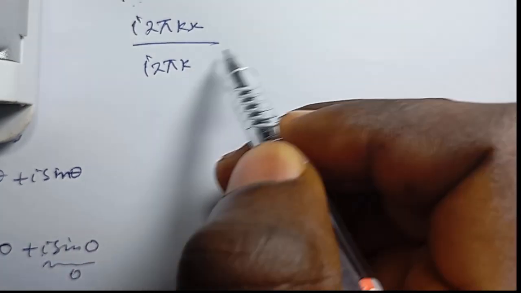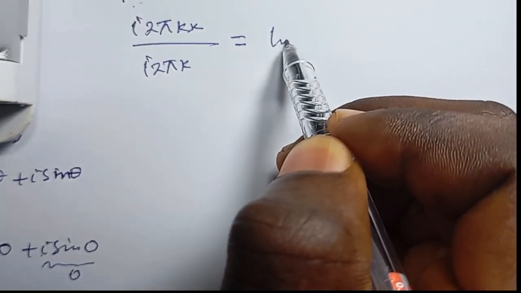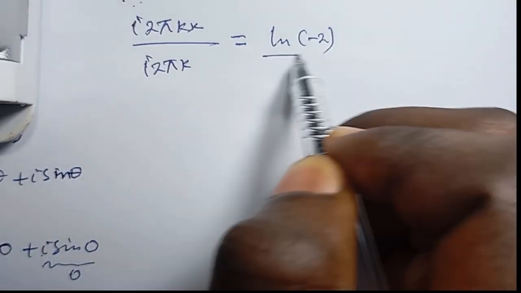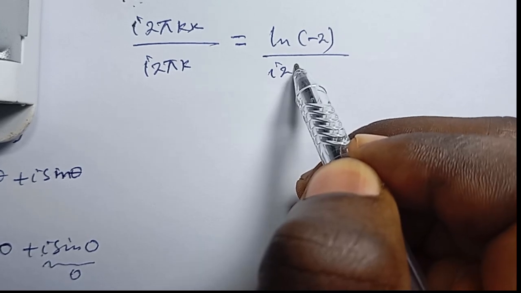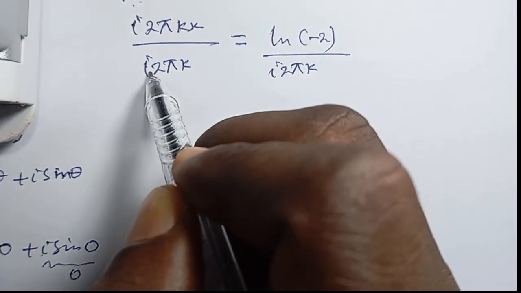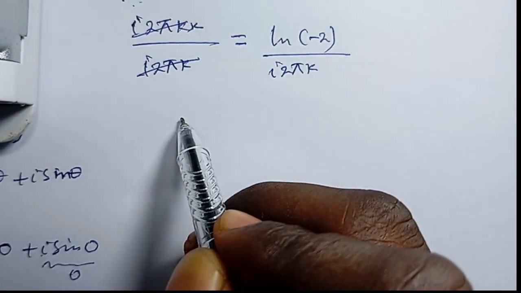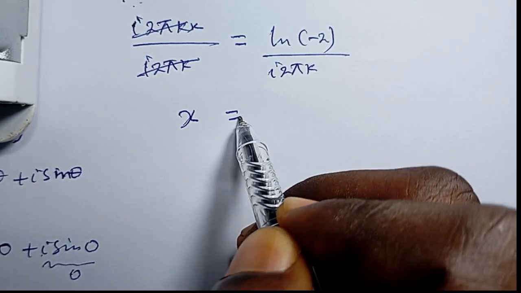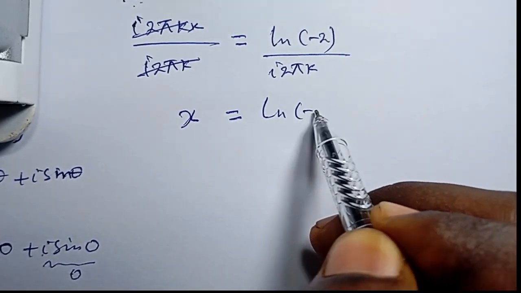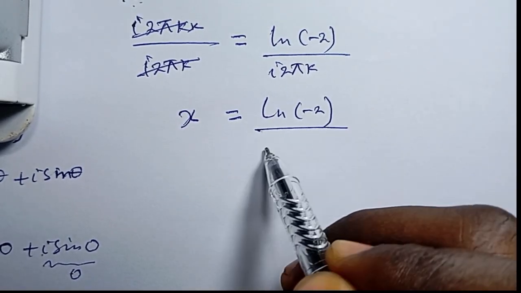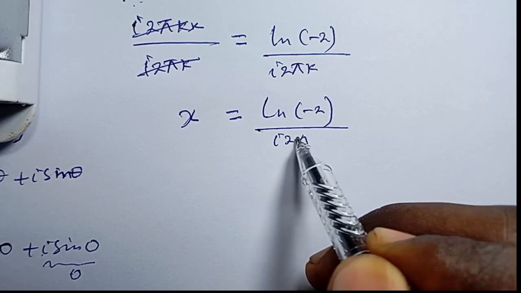So this cancels, and we have x equal to the natural log of negative 2 divided by i 2 pi k.